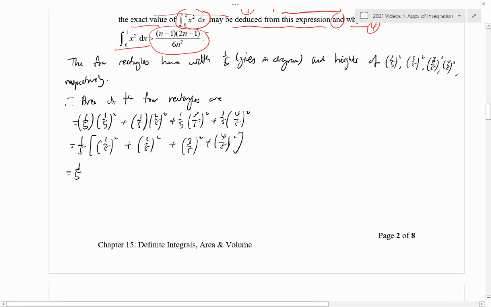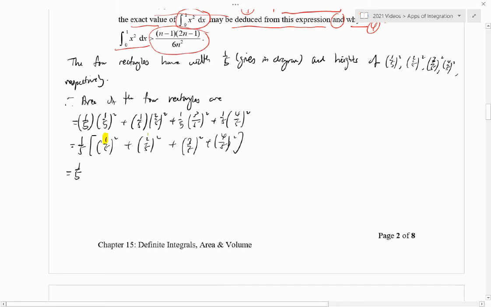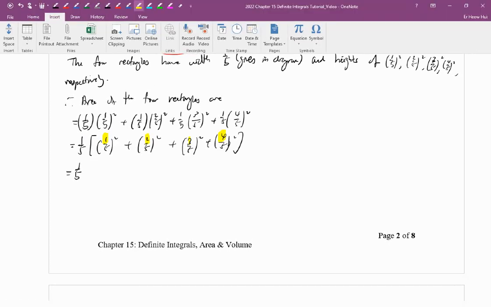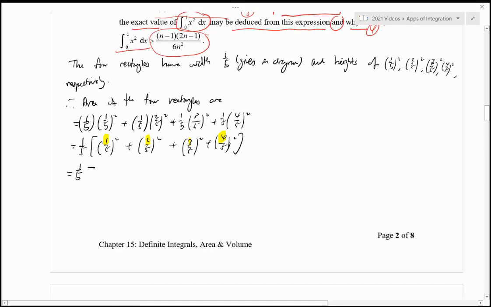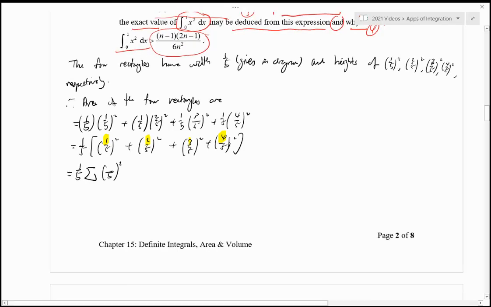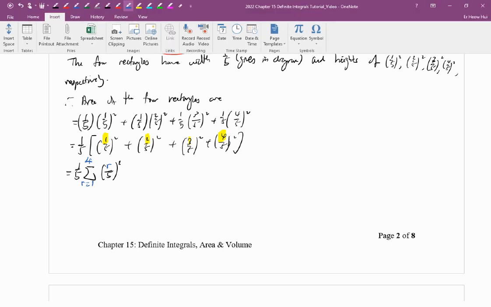Let's take a look. The ones that are changing are the numerators. So I can rewrite it as the sum of everything over 5 squared, and the numerator becomes r, with r equals 1 to 4. You can expand this sum to see that it tallies with what you have seen earlier on.